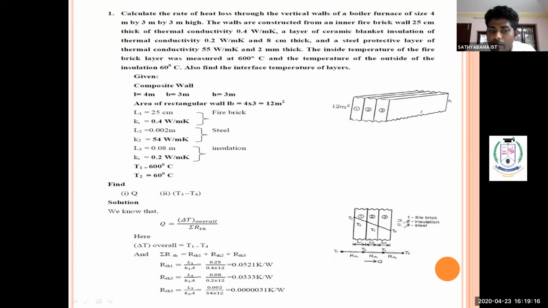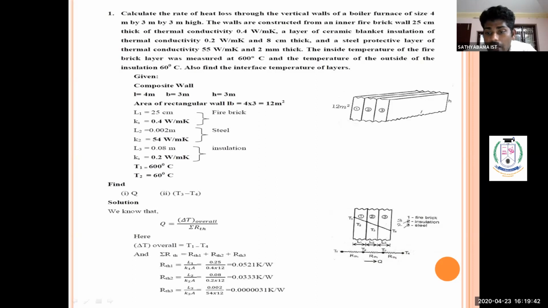They will ask this type of 3 layers problem. You need to use only one relation: Q is directly proportional to temperature difference, Q equal to del T divided by thermal resistance, where thermal resistance equals L1 divided by K1 into area. So we need to find the Q value as well as the temperature at the interfaces of the layers.